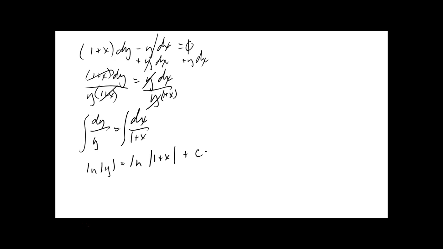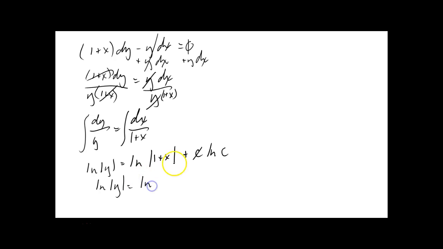Okay. Now that's one way to write your C. What you could do, perhaps, is write this C as a log C, which would be okay, wouldn't it? That's still a constant, and we'll assume C is positive. Then, since these are two logs, you could write this as log absolute value y is equal to the sum of two logs is the log of their products, right?